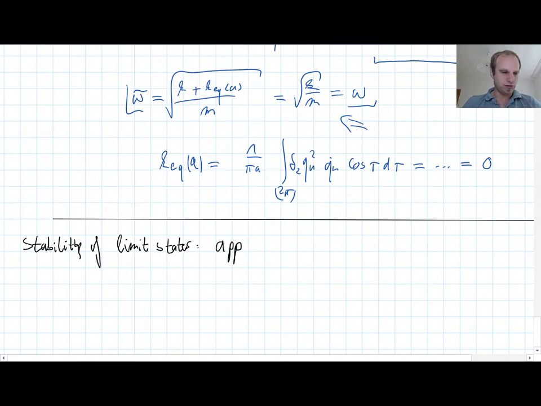So the argument will be to see whether the energy that is supplied by the non-conservative forces or dissipated per cycle increases or decreases with amplitude. If the supplied energy essentially grows more quickly with the amplitude than the dissipated one, then this would be an unstable situation, because as soon as we have a slight amplitude increase, the supplied energy is larger than the dissipated one, which leads to a further increase of amplitude and so on.